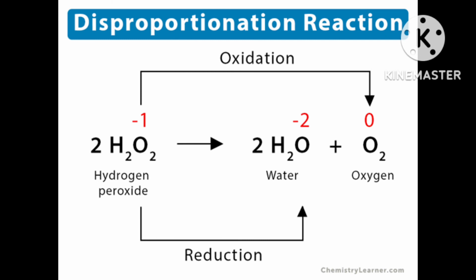P4 plus 3OH minus plus 3H2O gives PH3 plus 3H2PO2 minus. It is giving two products. The first product is PH3, in which P has a minus 3 oxidation state. The other product is H2PO2 minus, in which phosphorus has a plus 1 state.